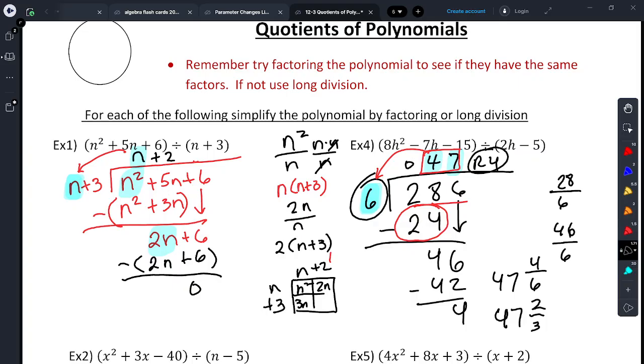And 2 times 3? 6. So I get n squared plus 5n plus 6. Got it? What's my answer there? n plus 2 is my answer. When I divide n squared plus 5n plus 6 by n plus 3, I get n plus 2.